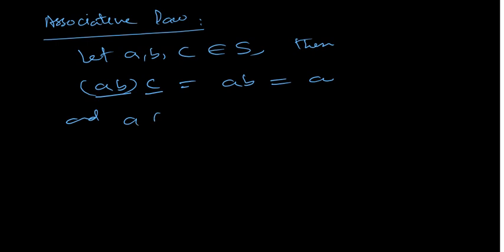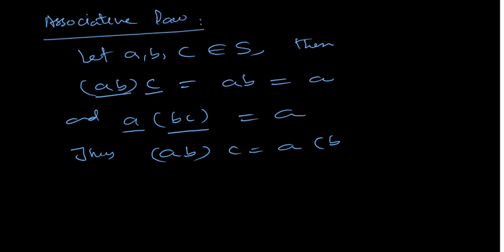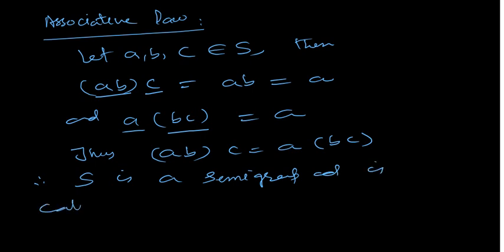And a(bc), the product of these two elements, is equal to a. So thus (ab)c is equal to a(bc). Therefore this S is a semigroup, and this semigroup is called a left zero semigroup.